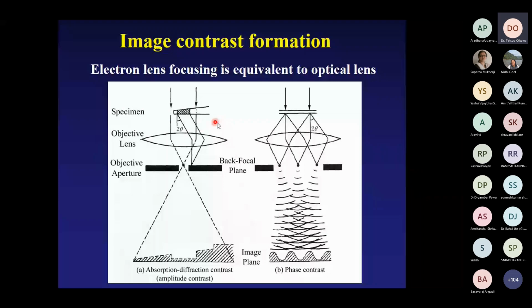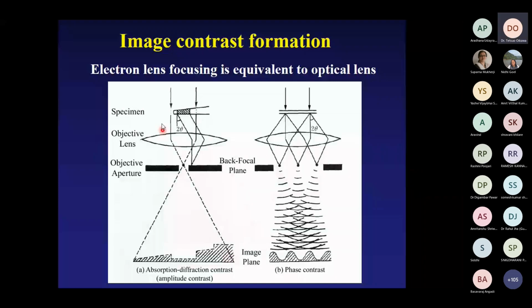Electrons irradiate the sample, a very thin specimen. Some of the electrons pass through the vacuum area, and the intensity arrives at the image plane at the original higher intensity. This hatched intensity corresponds to the electron intensity without any absorption by the specimen.